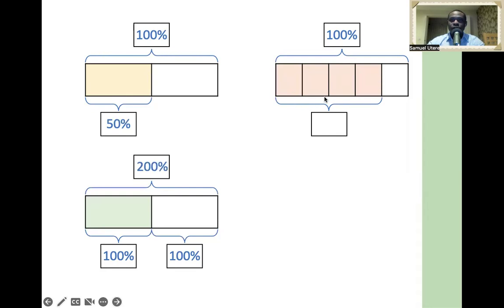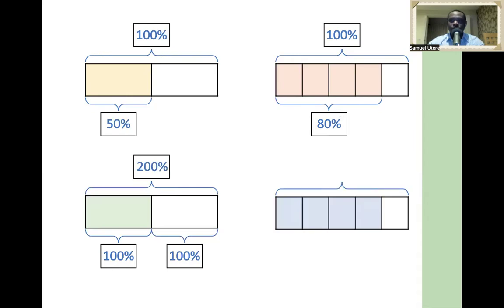We can see that we have 1, 2, 3, 4, 5 equal parts. So each of these has to be 20. Now, if each of these is 20, then this has to be 80, because we have 4 lots of 20.